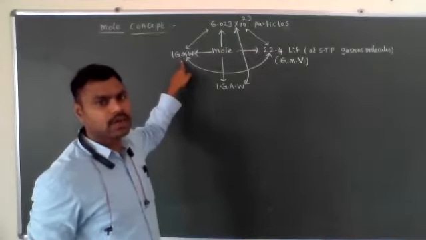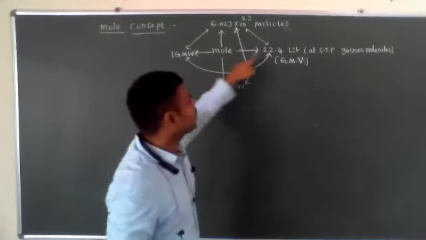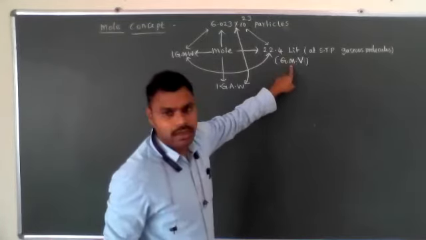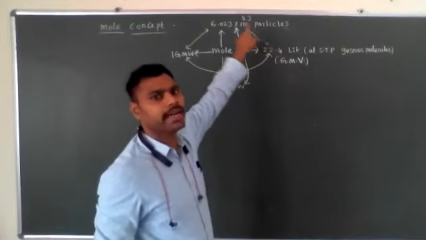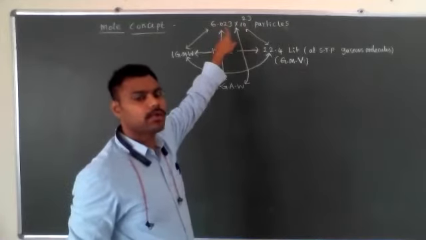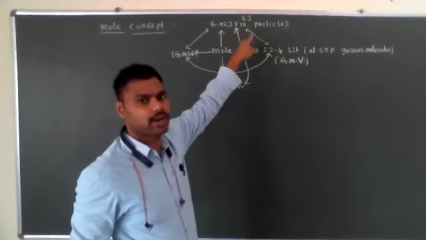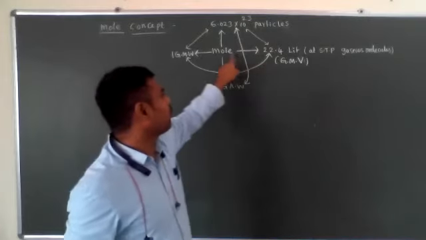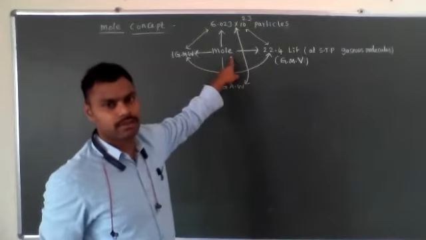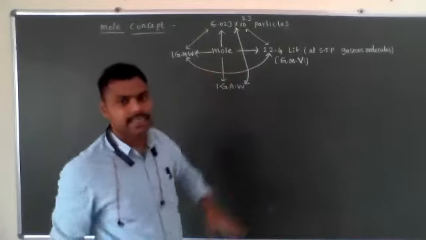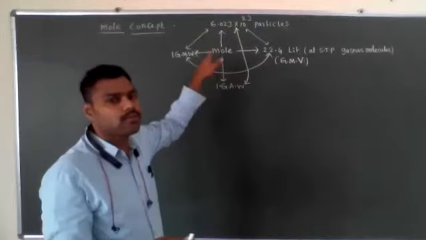How many molecules does 22.4 liters contain? 6.023 into 10 to the power of 23 molecules. That's why gram molar volume is also equal to 1 mole.